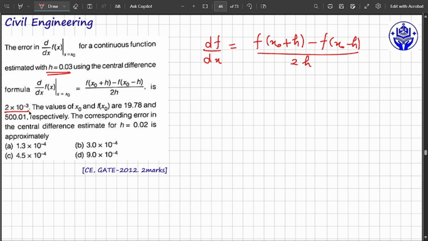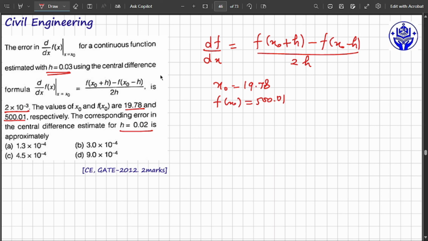The value at x0 is 19.78, and f of x0 is 500.01. The corresponding error in the central difference estimate for h.